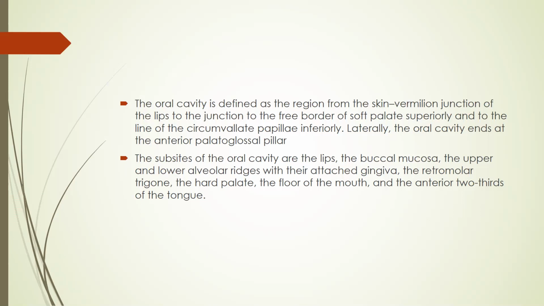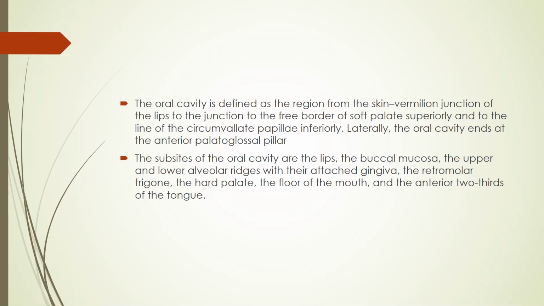This is superiorly. Inferiorly, it ends posteriorly at the line of circumvallate papillae on the tongue. Laterally, the oral cavity ends at the anterior palatoglossal pillar. These are the boundaries of the oral cavity.